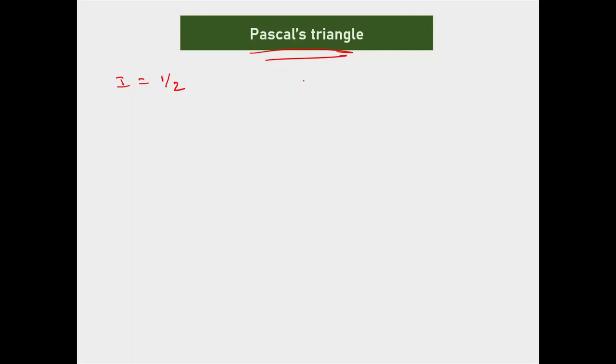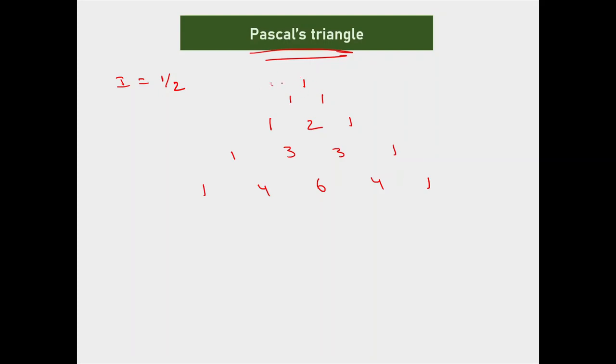So what is Pascal's triangle? This is 1, then 1 1, then 1 2 1, 1 3 3 1, 1 4 6 4 1. How this happens is, let's say this is 1.